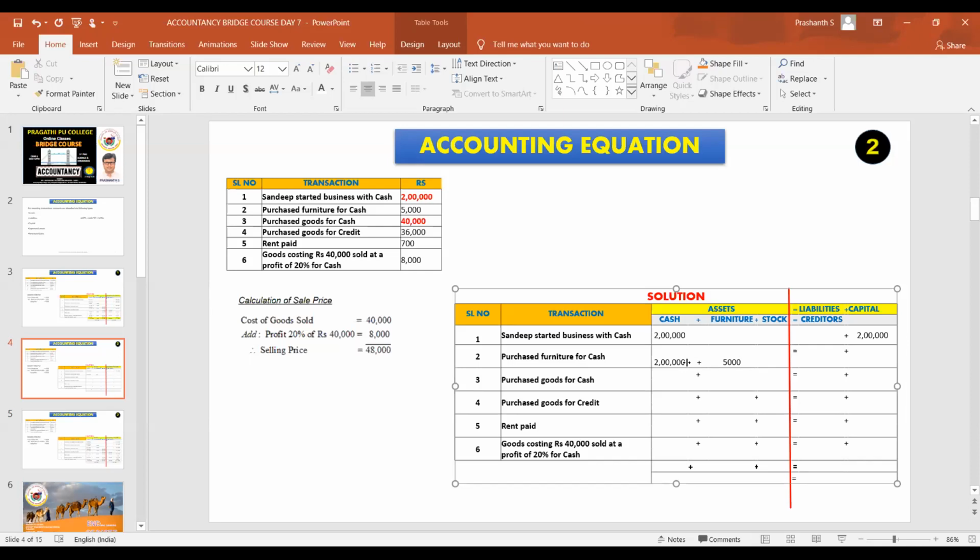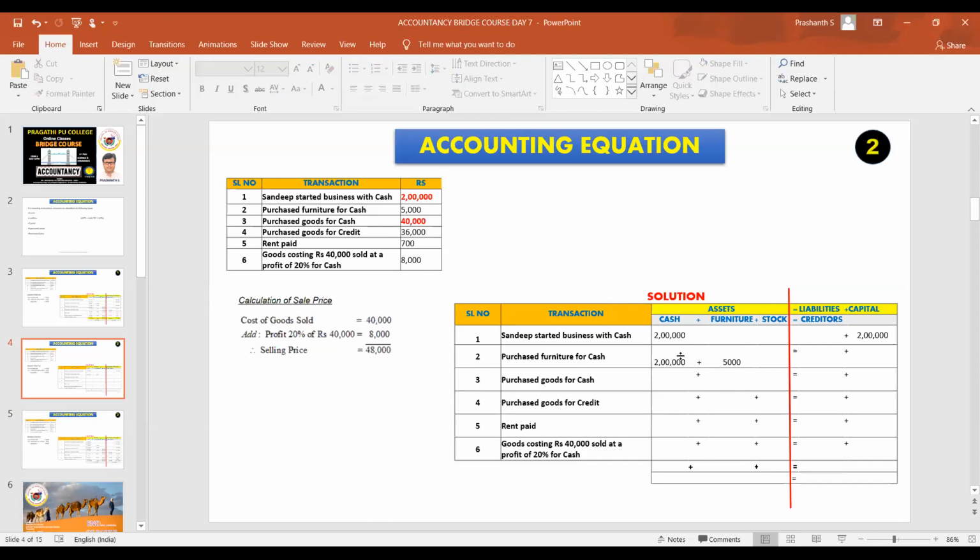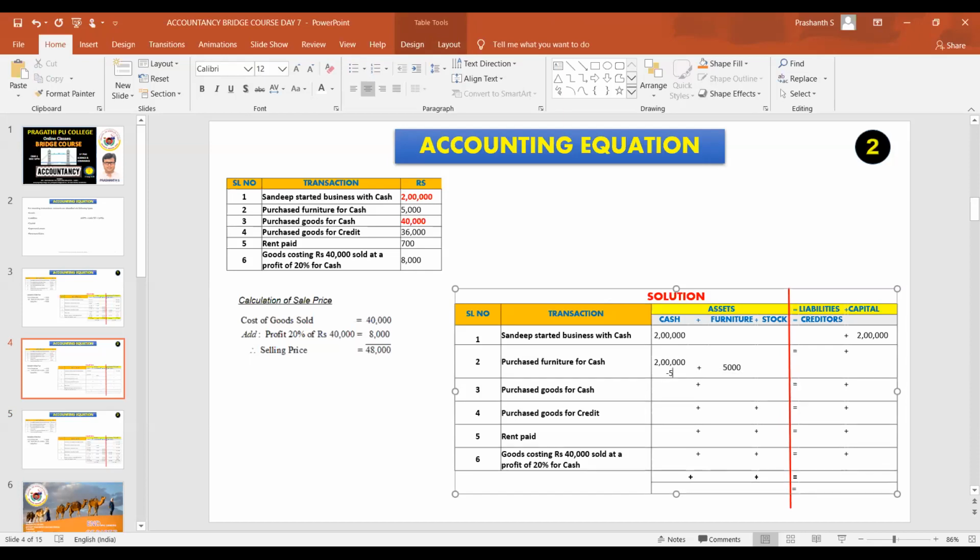Yes, exactly correct. That means we have bought furniture for 5,000 rupees, but here we just need to subtract 5,000.